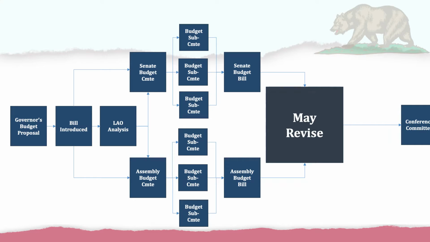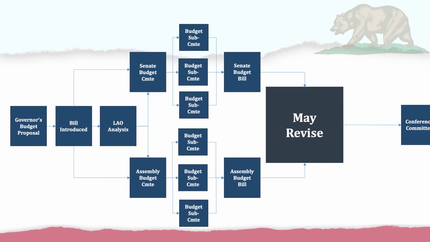Because these Assembly and Senate processes take place simultaneously but largely independent of one another and begin before the May Revise is even submitted, the Senate and Assembly budgets often begin to diverge both from the governor's original proposal but also from one another as the legislative process unfolds.